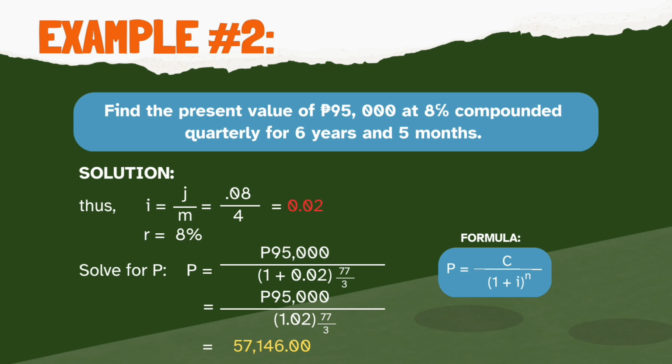Then simplify 95,000 over 1.02 raised to the power of 77 over 3, with a total of 57,146. In conclusion, the present value is 57,146 pesos. This means we would need 57,146 today, invested at 8% compounded quarterly, to grow to 95,000 in 6 years and 5 months.